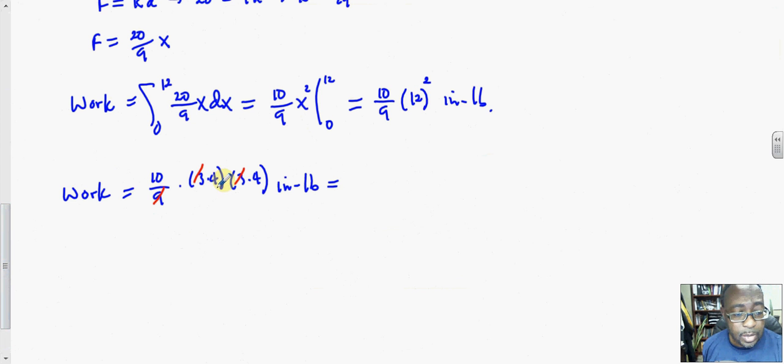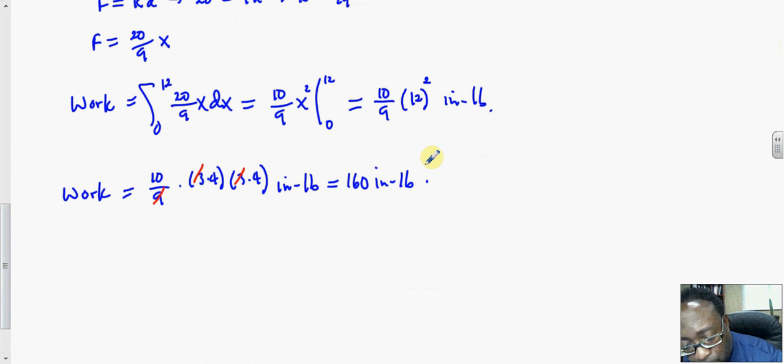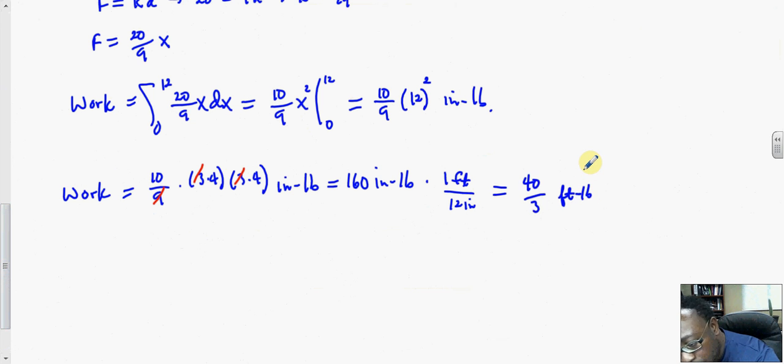So it looks like 160 inch-pounds, and if we're going to convert that to foot-pounds, this will be times 1 foot over 12 inches. So it's 40 over 3 foot-pounds.